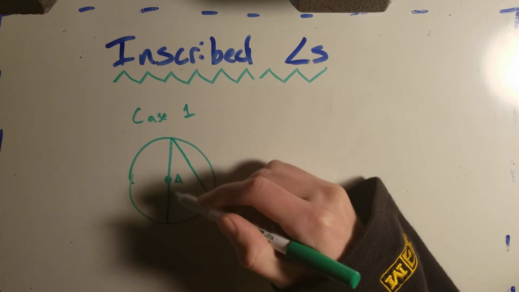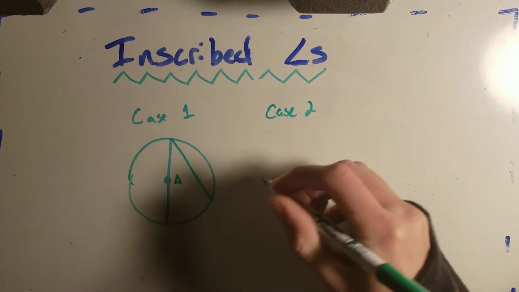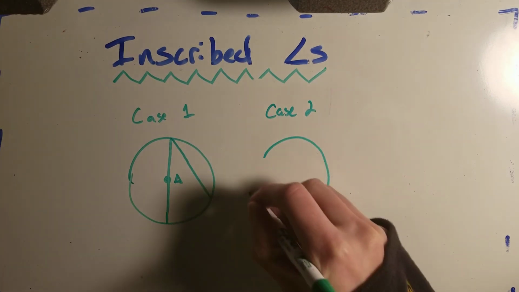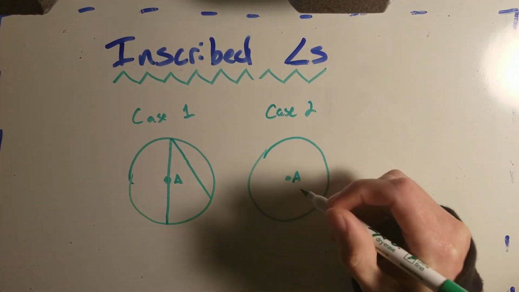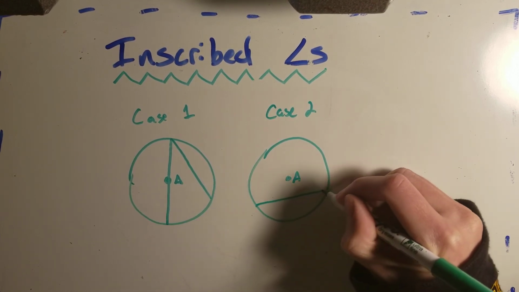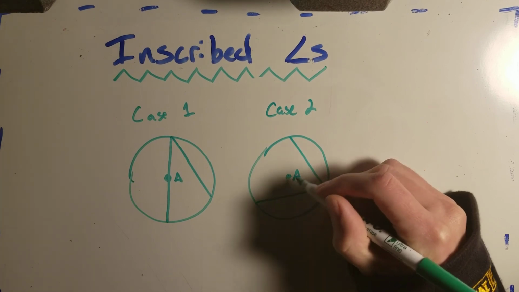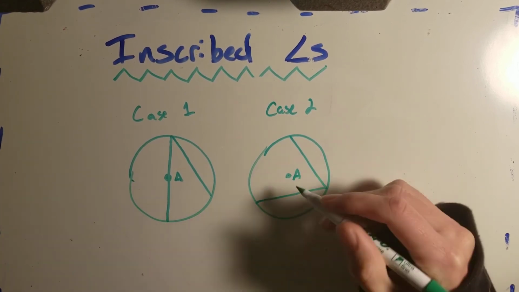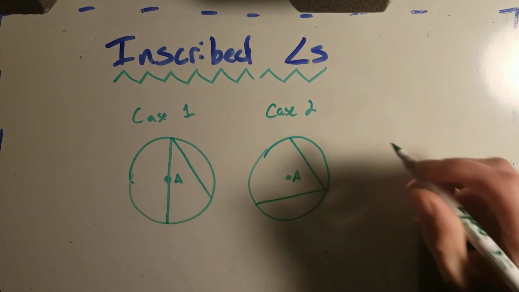So the center falls on one of the sides. That's case 1. Case 2, we'll stick with circle A, would be if you had an inscribed angle and the center is in the interior of the angle. Notice how the center here is not on one of the sides, but it's in the interior.